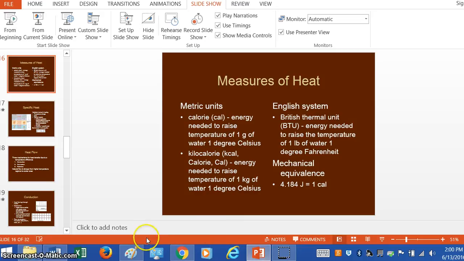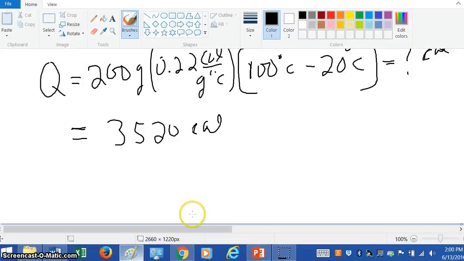So what we can do now is go back to this, and we can convert this into joules instead of calories of heat. So we know that 1 calorie is 4.184 joules, and notice I'm putting this in the denominator because we want to cancel calories.